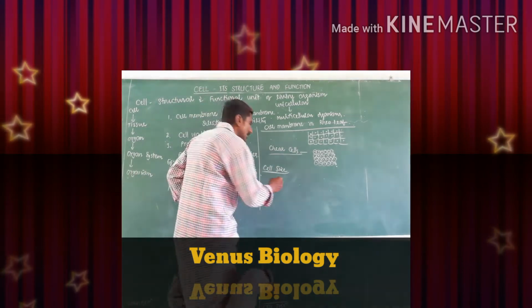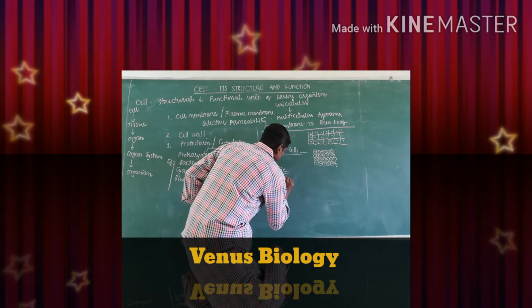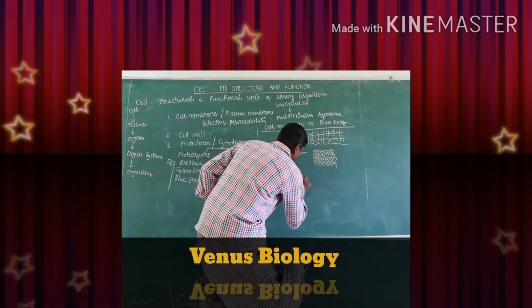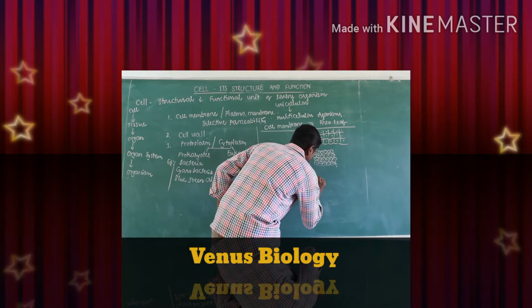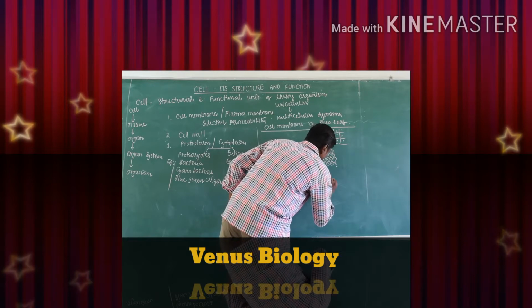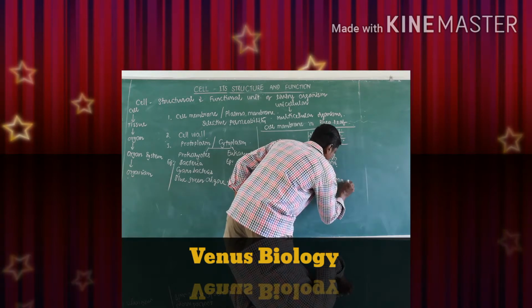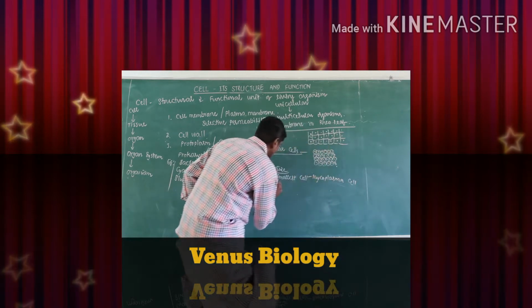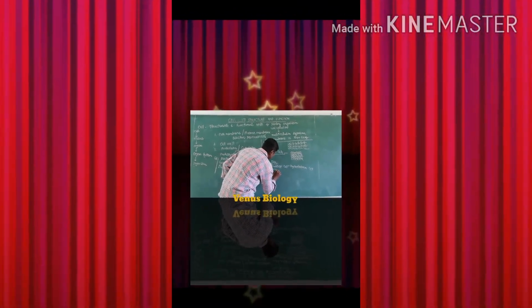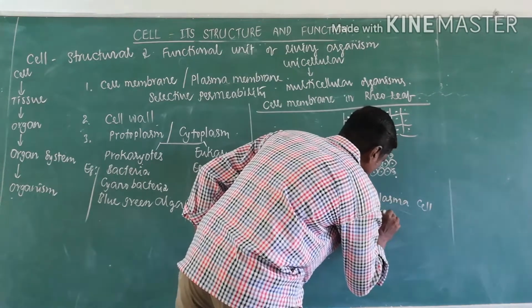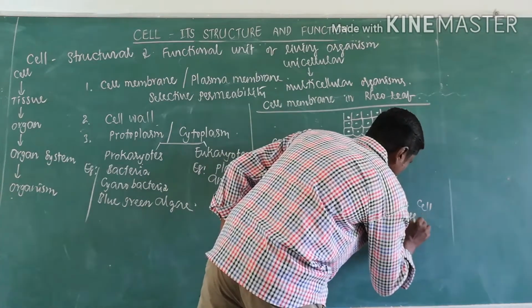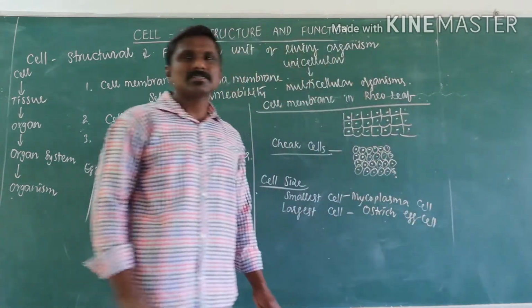The smallest cell will be the mycoplasma, and the largest cell will be the ostrich egg cell.